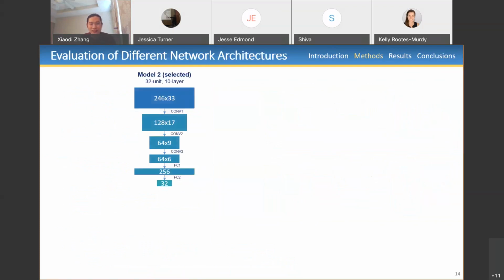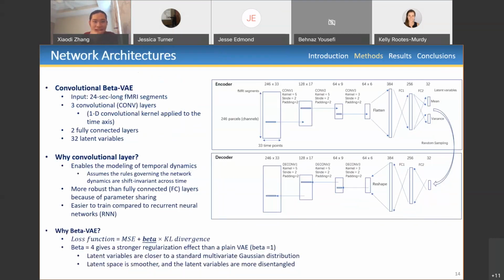Xiaodi, this is Behnaz. Quick question here. Can you comment on how come these 33 time points initially would be downsized or dimensionality reduced to 17, 9, 6?